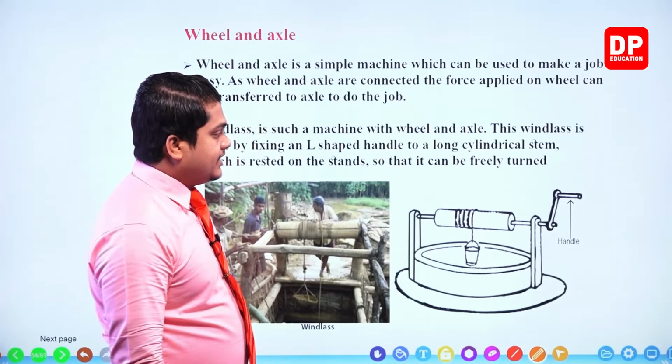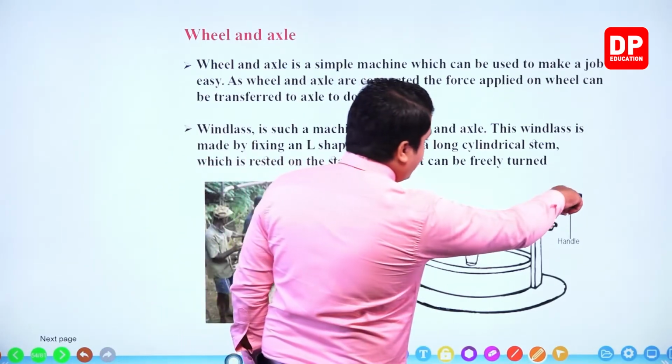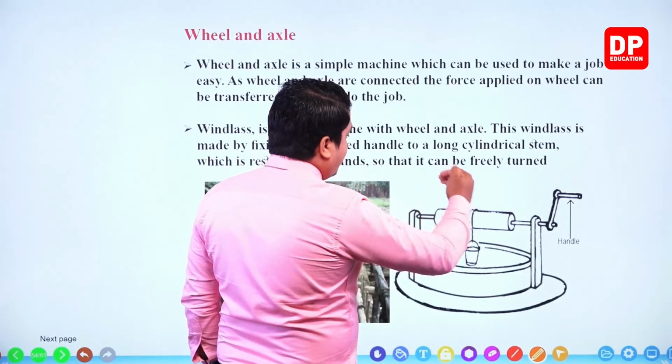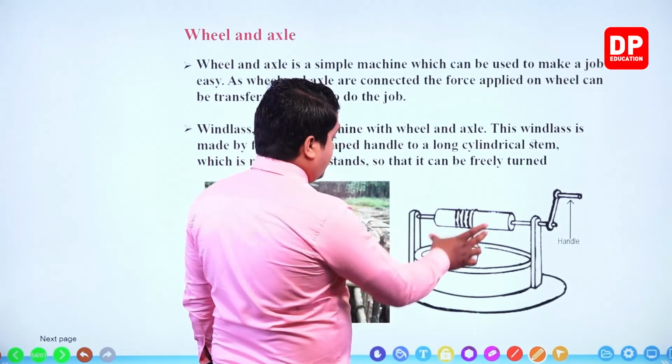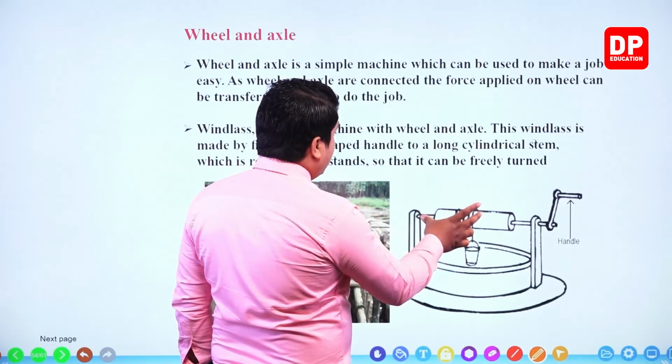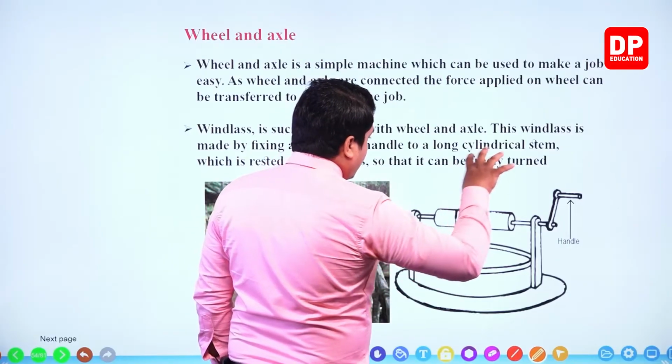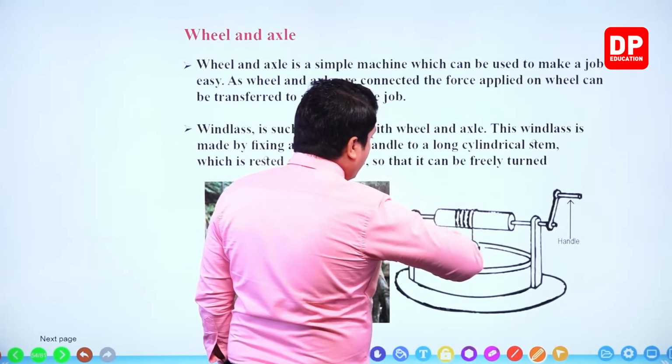Like I said, there is an L-shaped handle, and there is a large cylindrical stem which is fixed to the handle.